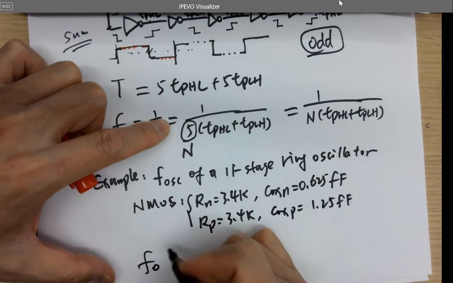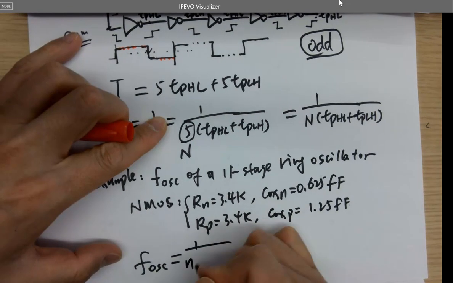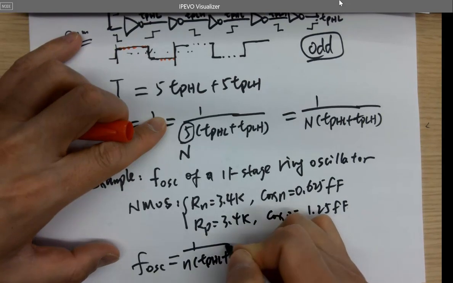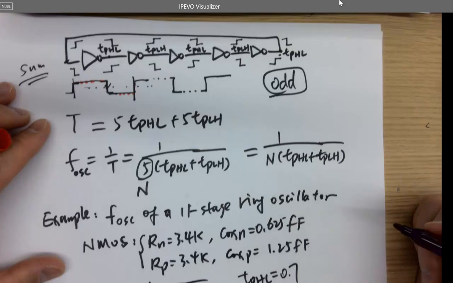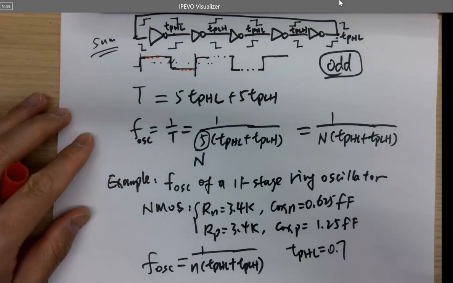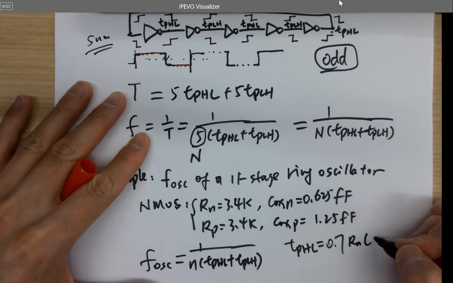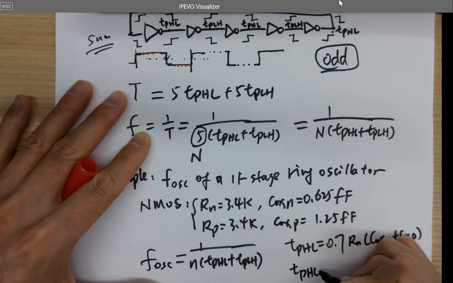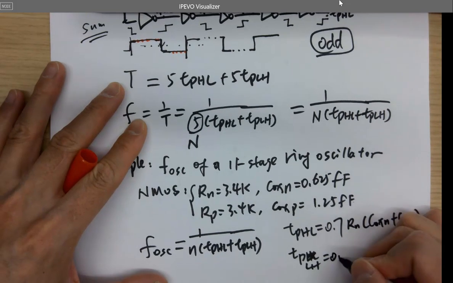So what is the frequency? Since we know it equals N times (TPHL plus TPLH), and TPHL equals 0.7 Rn times the cap. TPLH, it's being pulled up, so the PMOS is engaged, 0.7 Rp.